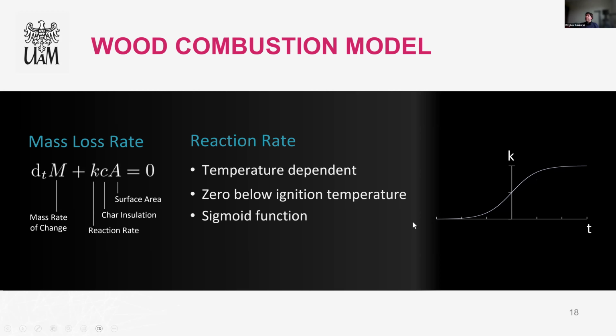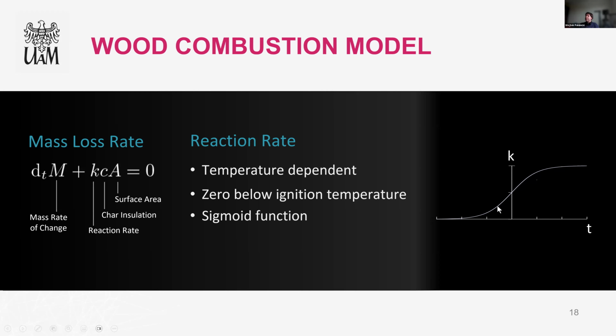An example shape of this reaction rate function you see sketched out on the right side of the slide, with the only caveat that below some kind of ignition temperature, we just zero this sigmoidal function.